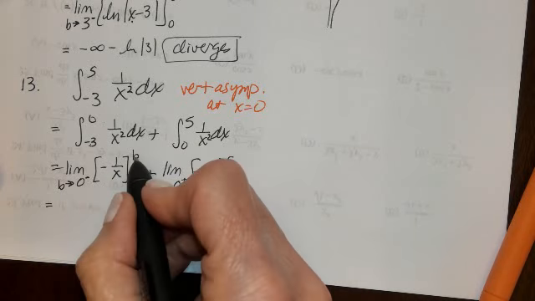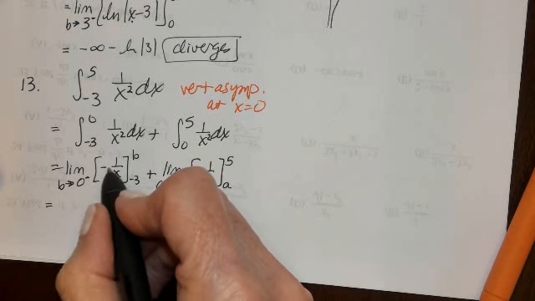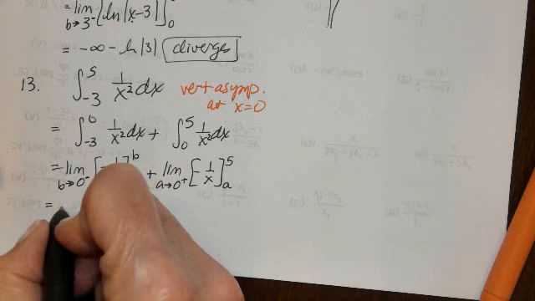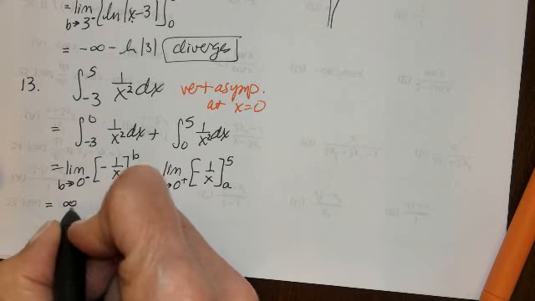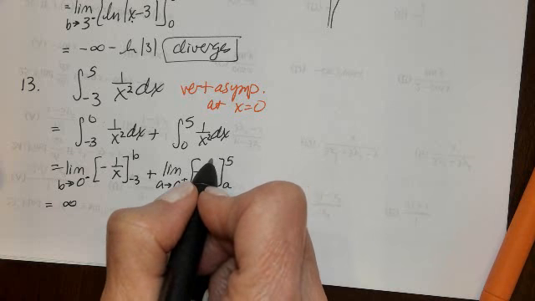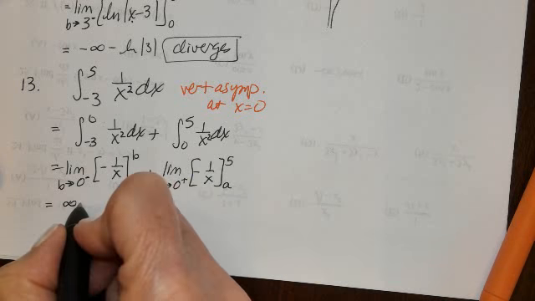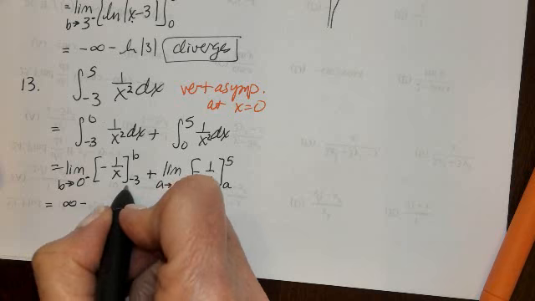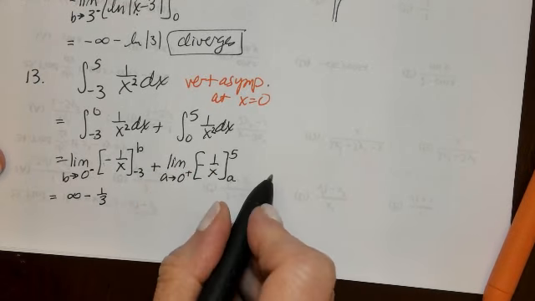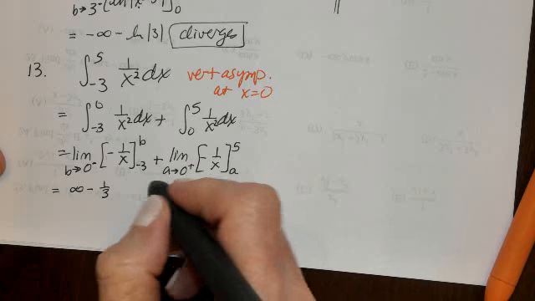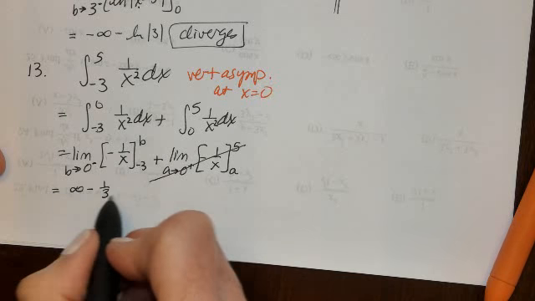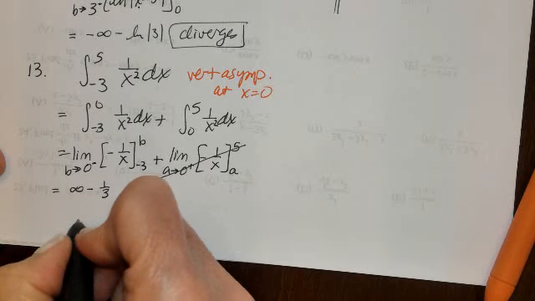So from the left it's going to be negative still, and it's going to 0, so that piece there is going to infinity, positive, minus 1/3. Since we got that for that limit, we don't even need to go over here. Since we got that this one is going to infinity, we don't even have to go over there. This diverges.